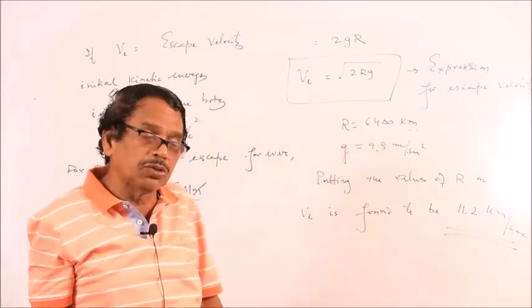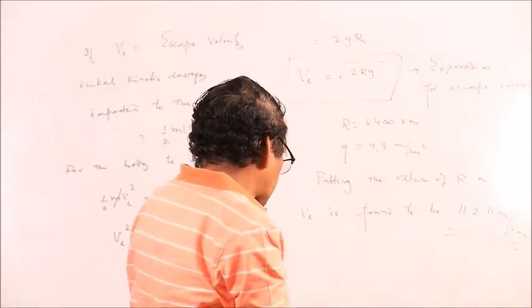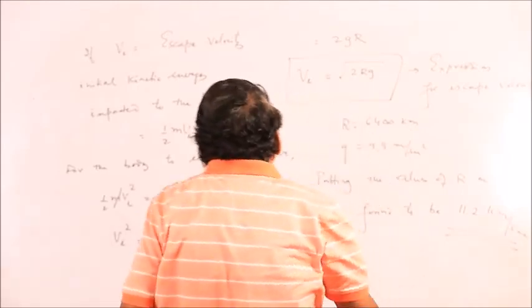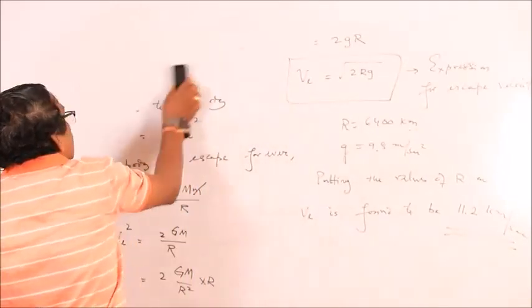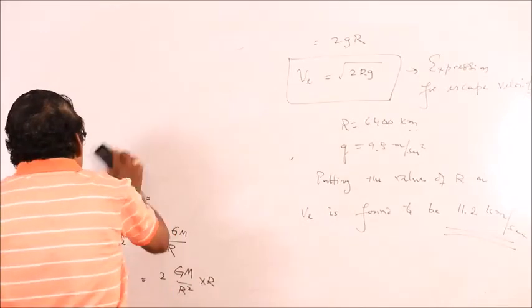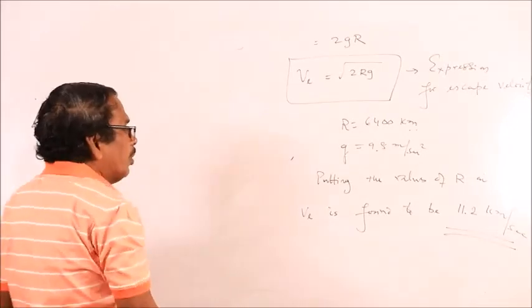So, if you project a body with a velocity of 11.2 kilometers per second, then it will escape the surface of earth forever. So, 11.2 kilometers per second is the escape velocity from the surface of earth.